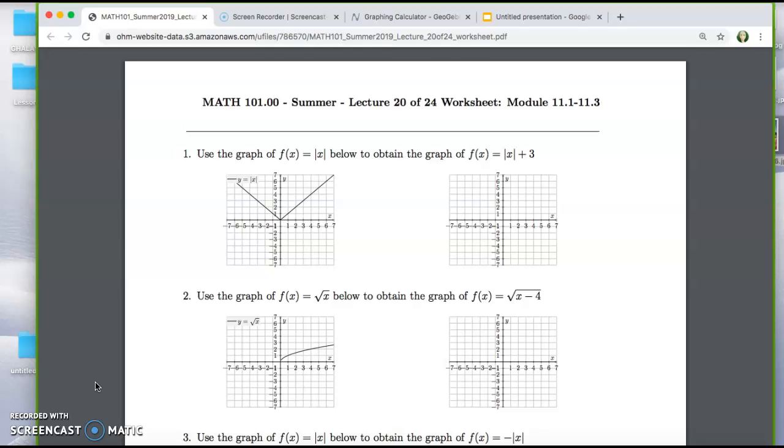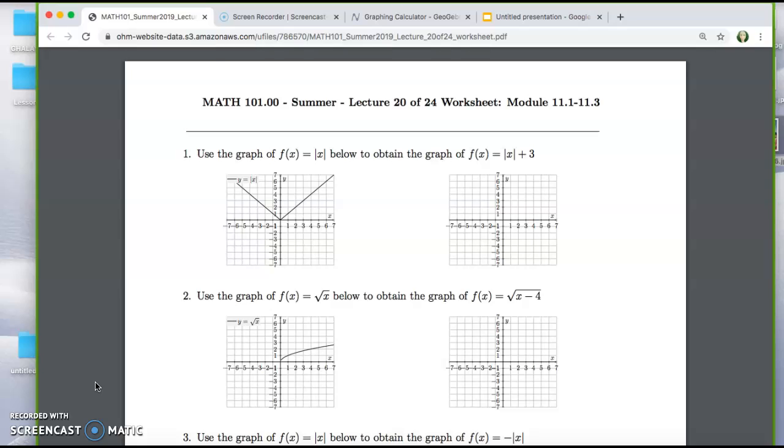We have number 1. Use the graph of the function f of x equals the absolute value of x below to obtain the graph of f of x equals the absolute value of x plus 3.